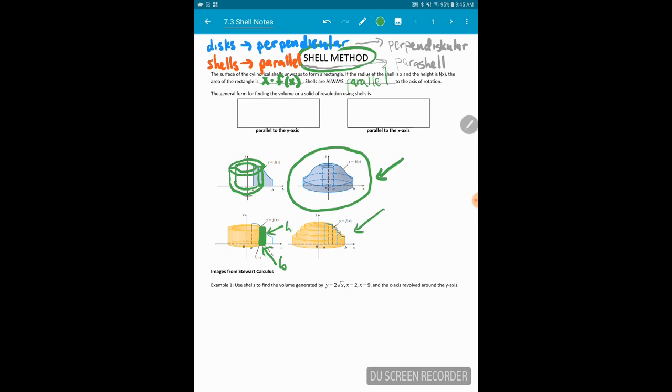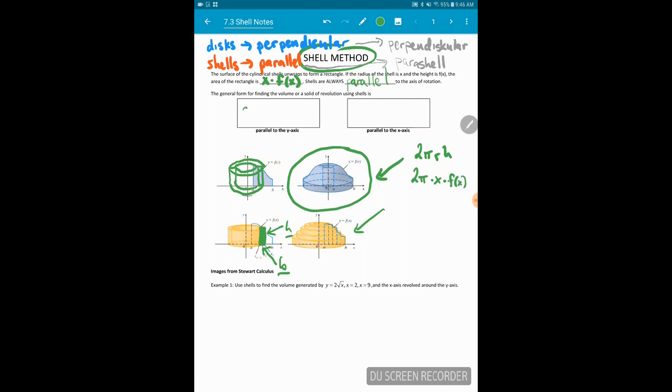And then since it's a cylinder, the surface area of this cylinder going all the way around, the formula for that is 2 pi r h. So since we have 2 pi r h, r is this little b and h is the height. So in this case, we have 2 pi and then the radius of each of these things is x down here, and then the height is f of x.